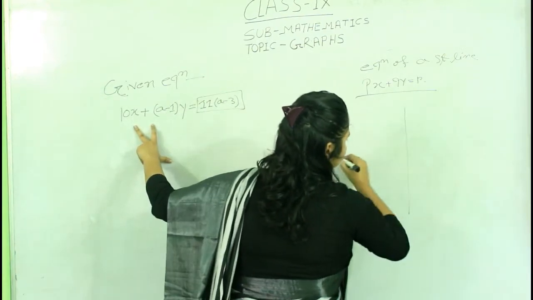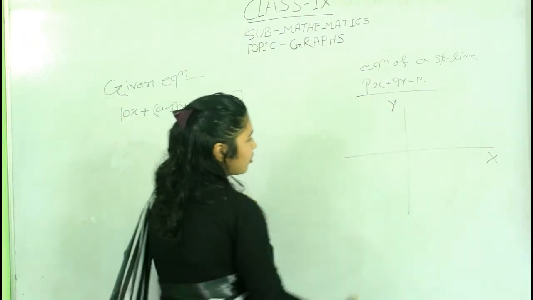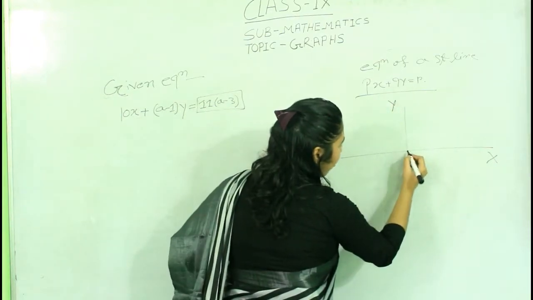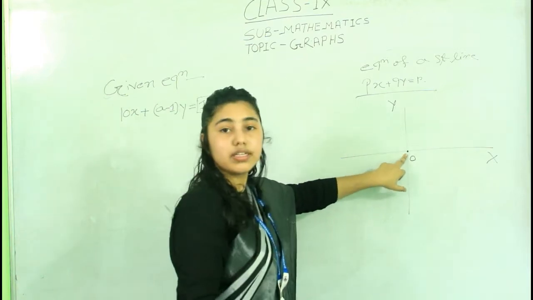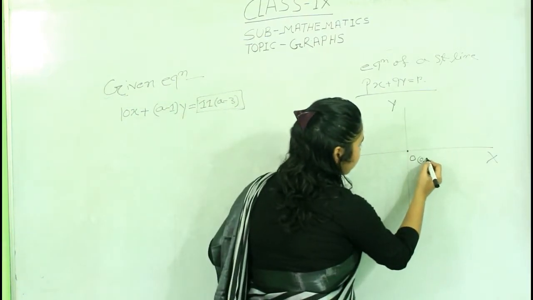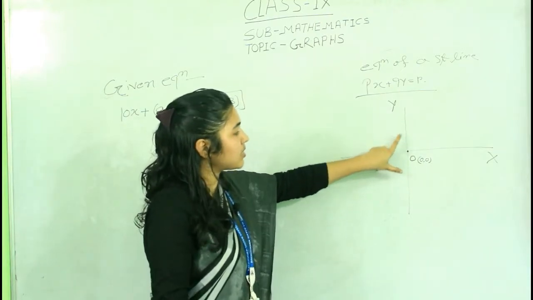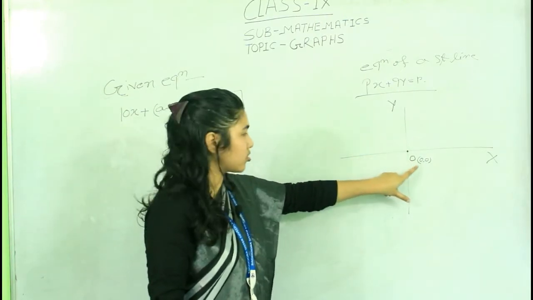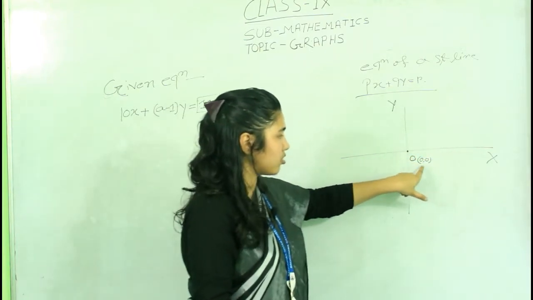That means if this is our x coordinate and y coordinate axes, we know that this is the origin. Suppose O, and the coordinate of the origin is 0, 0, because from this point O the distance of the y coordinate is 0 and the distance of the x coordinate is also 0.